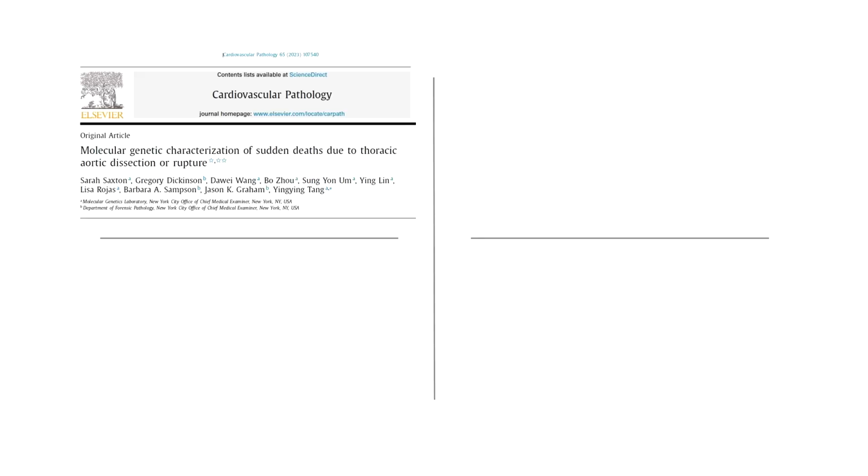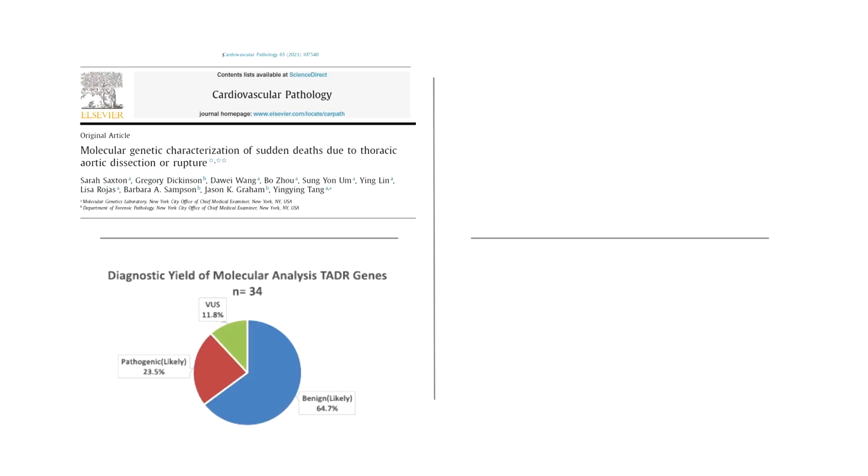Autopsy gene testing results from a cohort of 34 decedents who died of thoracic aortic dissection and rupture were published in the journal Cardiovascular Pathology this year, in 2023. In this article, we reported the overall molecular testing yield of 23.5%.